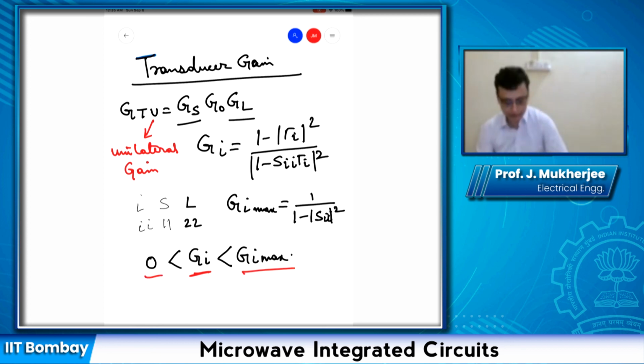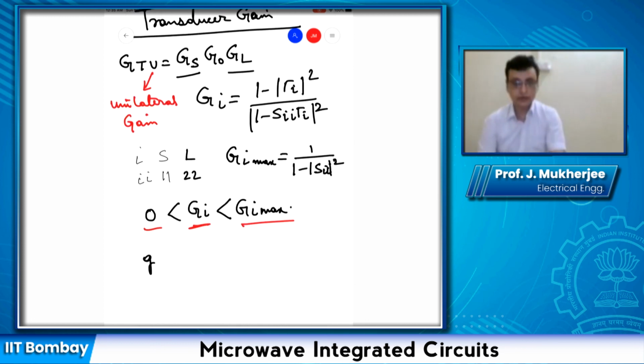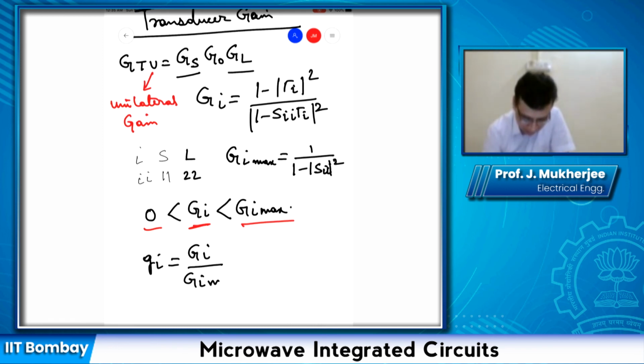Now let me define a term which I call the normalized gain. So normalized gain small gi is given as this, and therefore small gi will lie between 0 and 1.